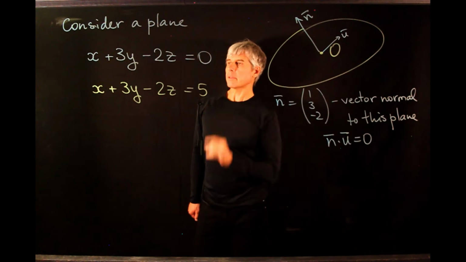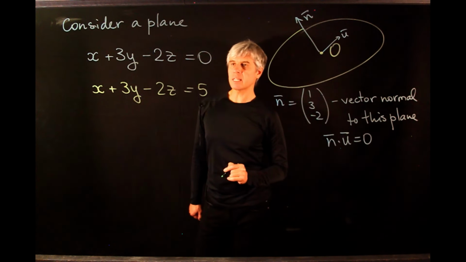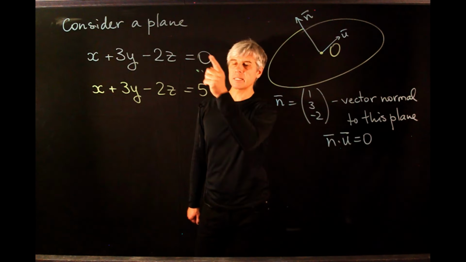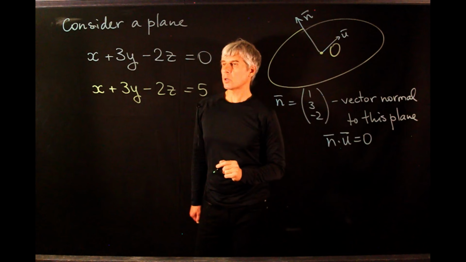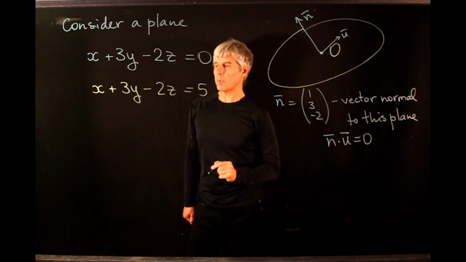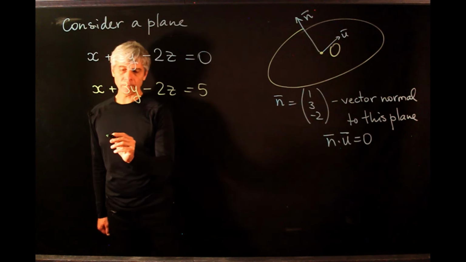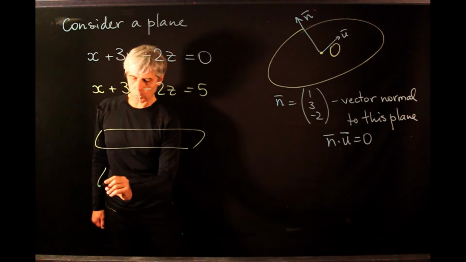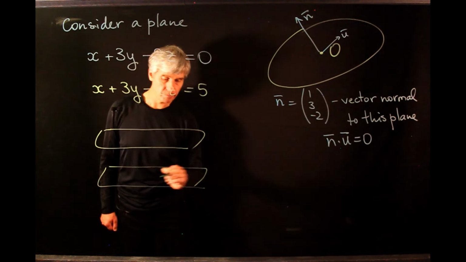Together, these two equations will form an inconsistent system because the left-hand side cannot be simultaneously 0 and 5. So this means that these two planes have no common solutions. And the only way for this to happen is when these two planes are parallel to each other.